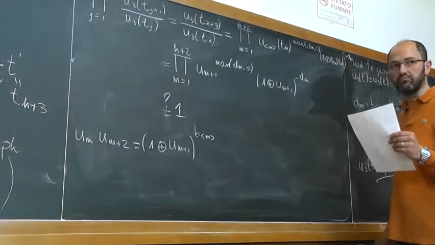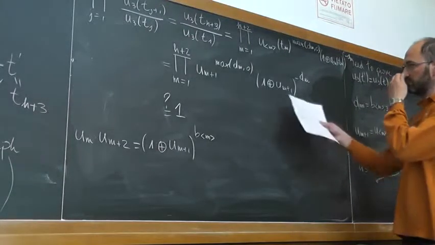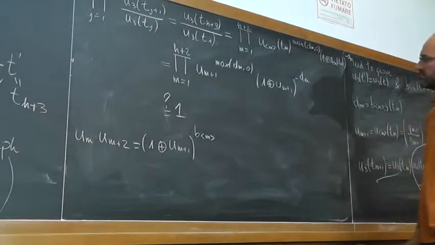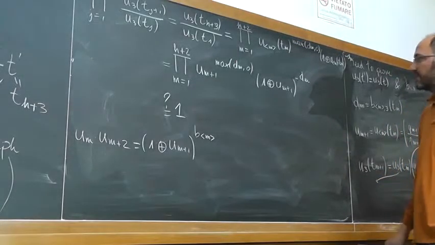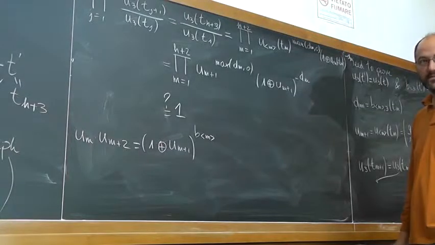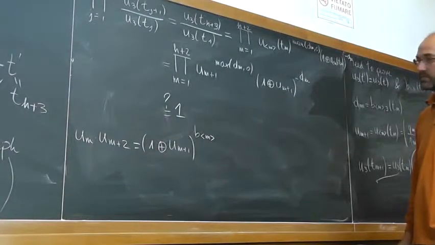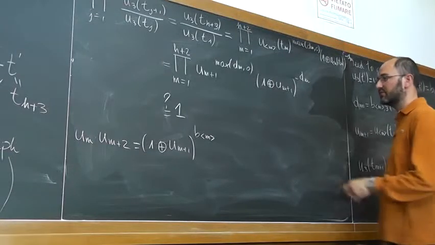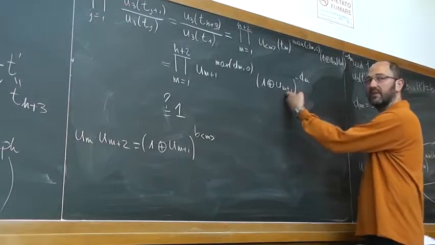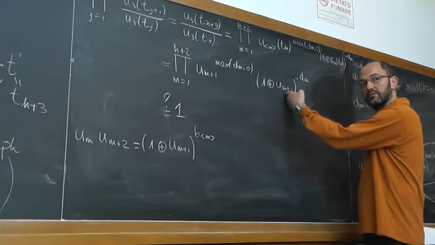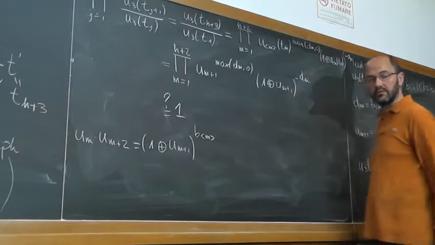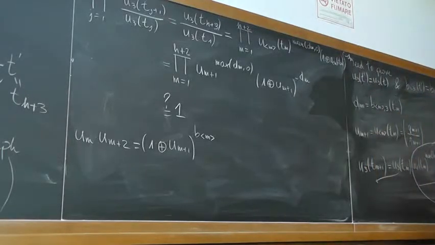So let us assume that plus is the greatest common divisor, for example. Yes. So you're taking 1 plus u_{m+1}. What is the greatest common divisor? Well, that depends on u_{m+1}, between 1 and something. The greatest common divisor depends on the something. Because it's not really the greatest common divisor. You have to take the minimum of the exponents, but this may have negative exponents. So you have to take the minimum of exponents, right? Yes. Okay.